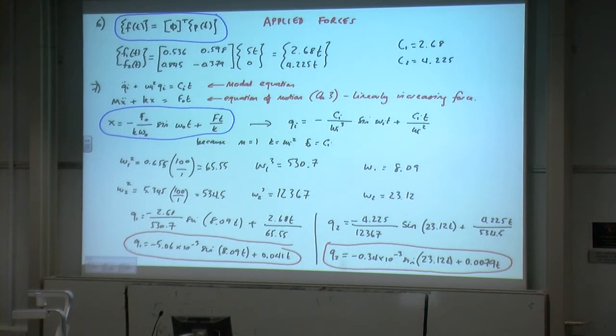And then you could do exactly the same process for Q2, except this time you've got some different numbers. And so you plug in those numbers and this number, and you get an equation for Q2. So like I said, what we've done is we've broken that question down into two uncoupled equations. One for Q1 and one for Q2. And because we know the solution to that, because we found it, you can go through and apply the solution and you get those two equations.